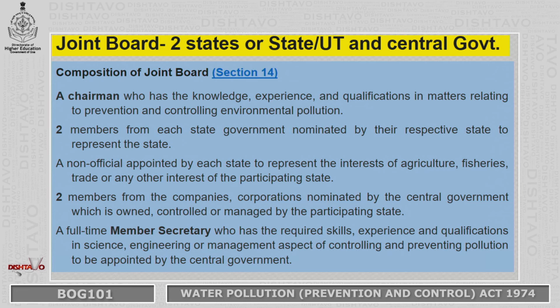The joint board is between 2 states, or a state and the union territory, and the central government. The composition of the joint board is provided in section 14. A chairman, once again, who has knowledge, experience and qualification in matters relating to prevention and controlling of environmental pollution.